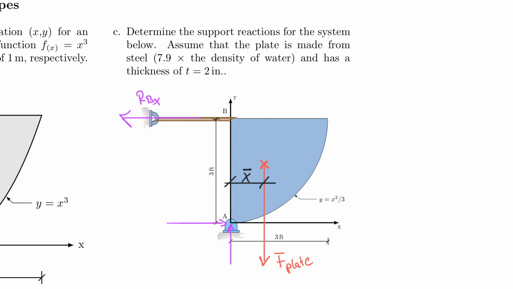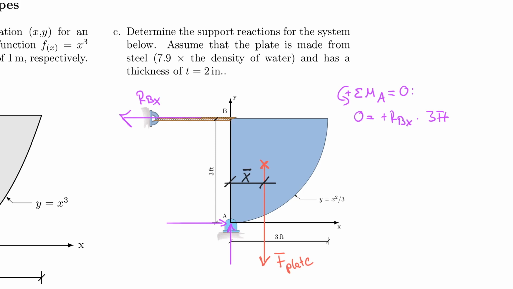And so to calculate RBY, I would just set up an equation that says the sum of the moments about point A is equal to 0, and 0 is equal to RBX multiplied by 3 feet. That's the lever arm, and that actually happens to rotate counterclockwise, so therefore I'm going to make that positive.